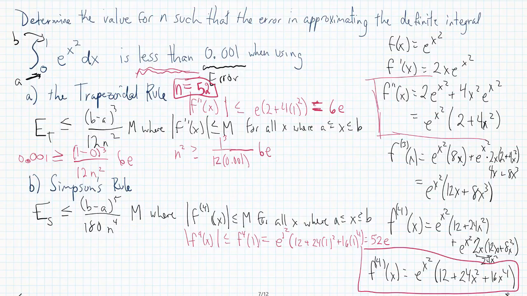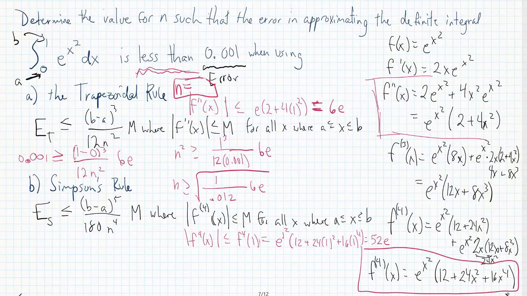So now, actually working this out, n is greater than or equal to, and so n does not equal 52, by the way. We'll fix that real quick. n is greater than or equal to 1 divided by 0.012 times 6e, and we take the square root of that.